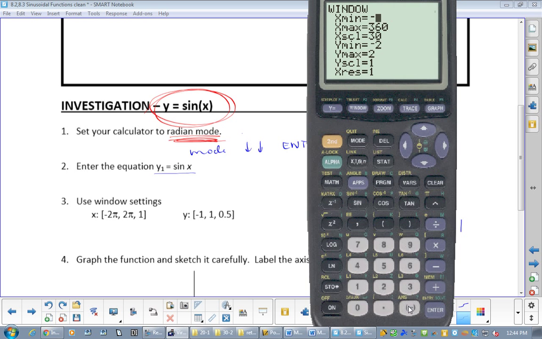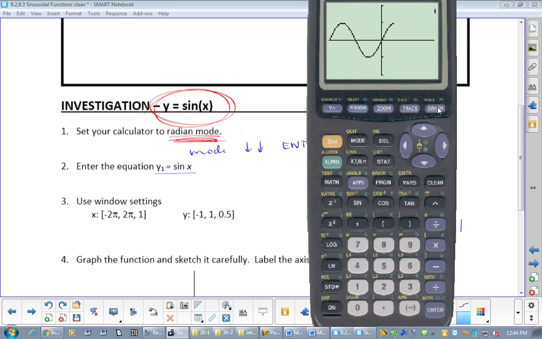Okay, so we're going to go to negative 2 pi again, and do it right. Negative 2 pi and 2 pi. So if I'm in radian mode, I'm going to be using radians in my window settings.